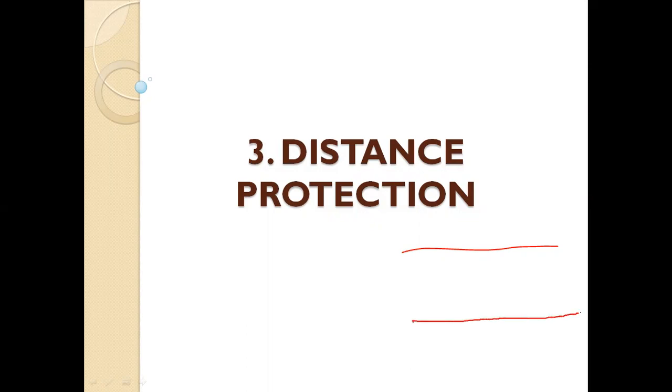So if this is your transmission line, then there are different models. This is your pi model. And if one line and this is there like this, then this is your T model. It is called the T model.